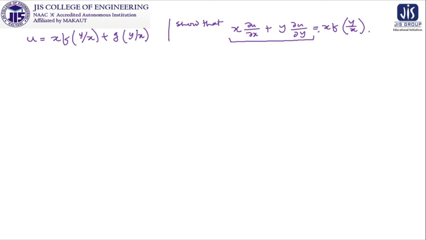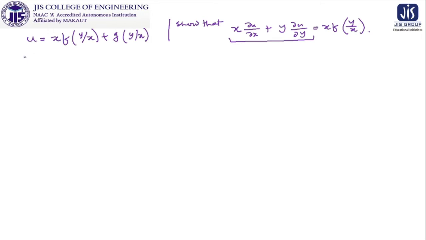And whenever this is the indication, you have to search first for the homogeneous function in the given part. Until and unless you are searching that, it is not possible for you to apply Euler's theorem. So look at this, how the problem is approached.